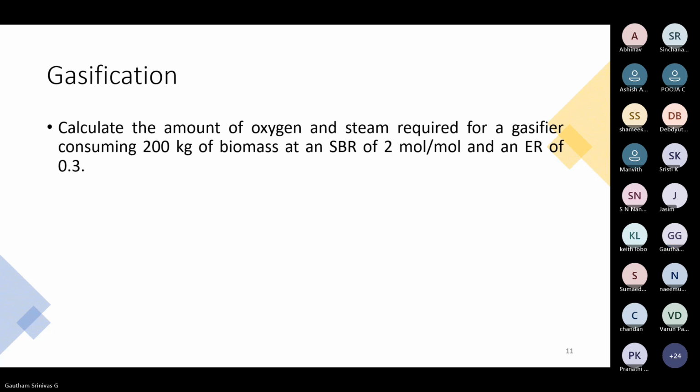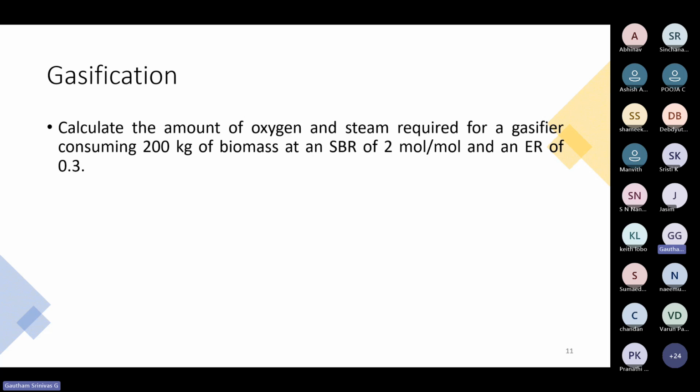Anyone? What is the chemical formula of steam? H2O. Yes, 18 is absolutely right. The molar mass of biomass, we just calculated a couple of slides earlier, is 23.